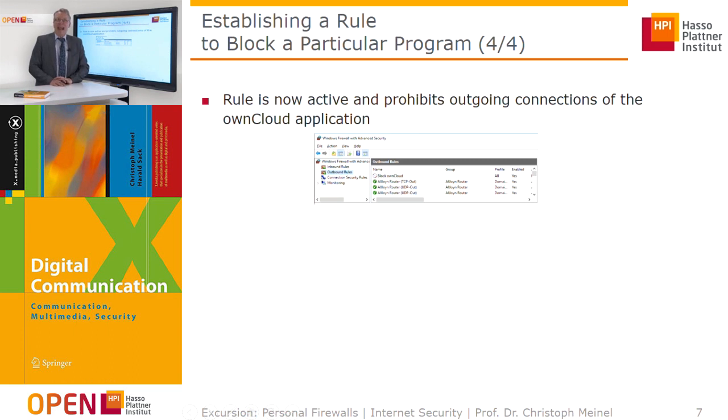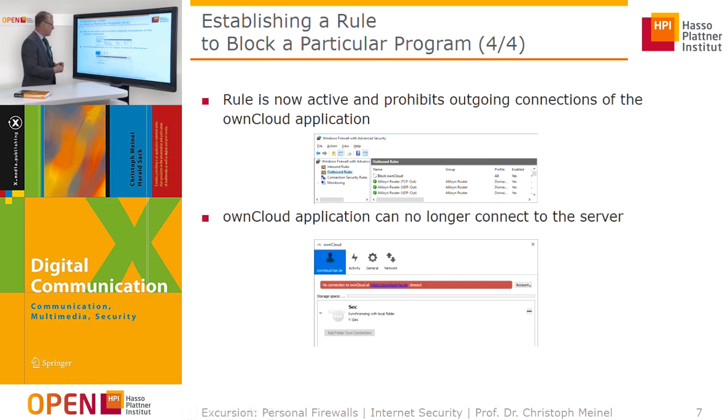Now the rule is active, and the rule prohibits outgoing connections of the ownCloud application. ownCloud was our program, and the action we defined with the rule was to prohibit outgoing connections. So ownCloud applications can no longer connect to the server.